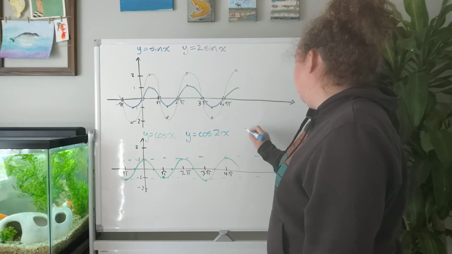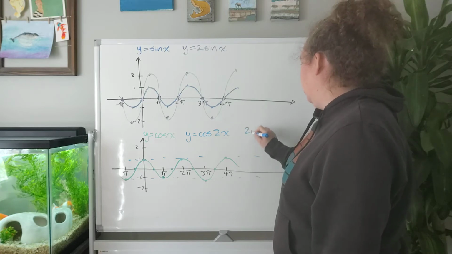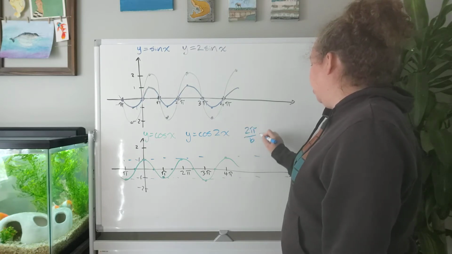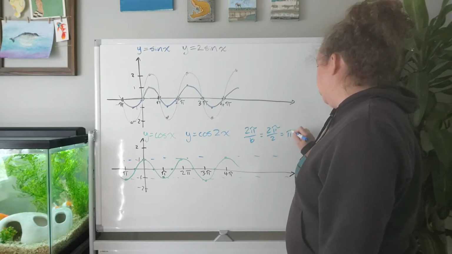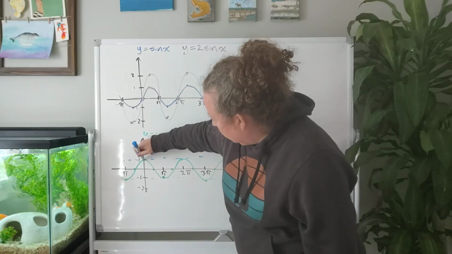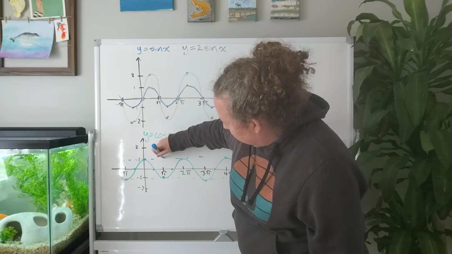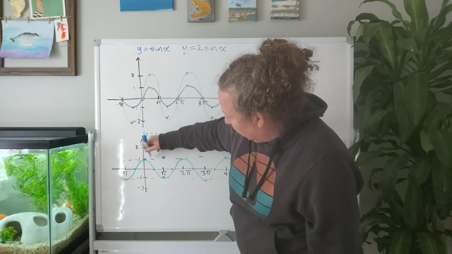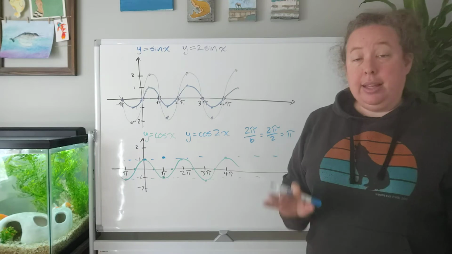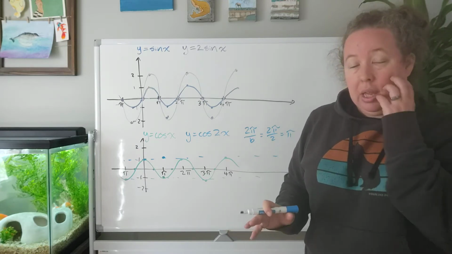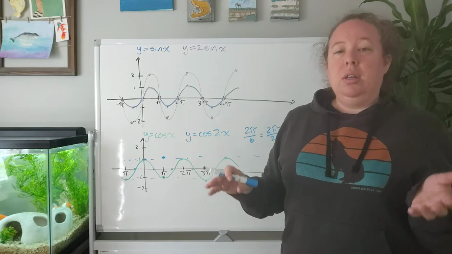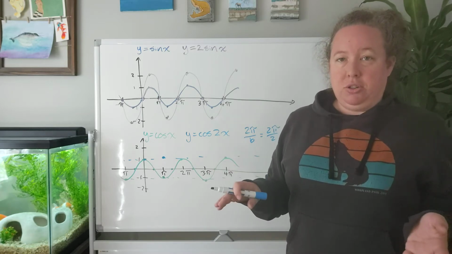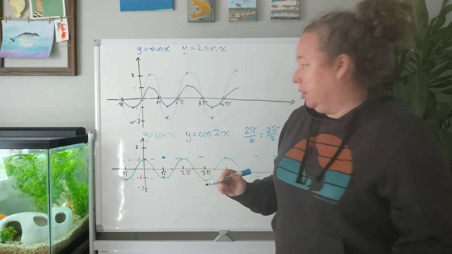Or as a reminder, to find the period, it's 2 pi divided by b. Here this is 2 pi divided by 2, and so that's going to equal pi. So now I know I've got to complete my cycle in just pi. Now this, with the period, this is where the symmetry of trigonometric function graphs is really important.